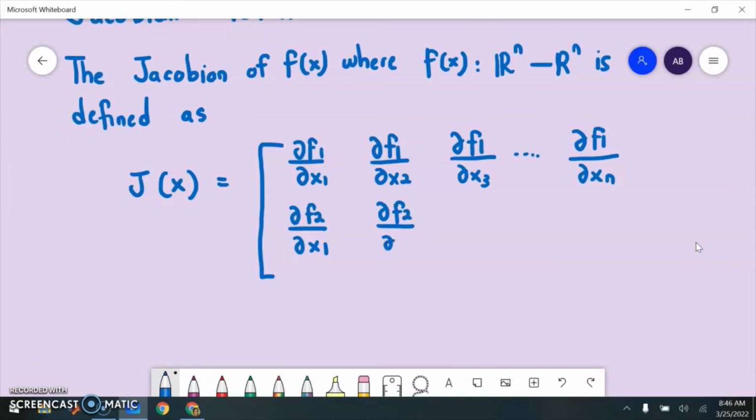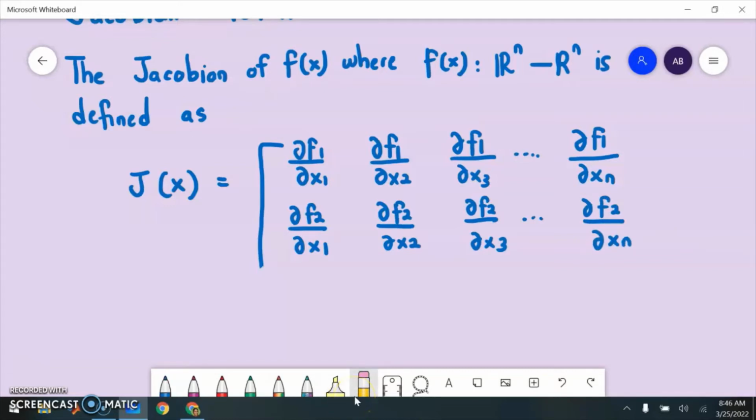Now the second one. If we have a second function, similarly with respect to x1, the second function with respect to x2, the second function with respect to x3, and so on, up to the second function with respect to xn.